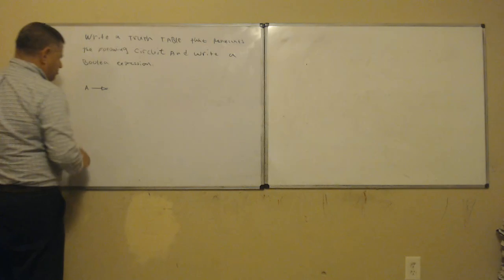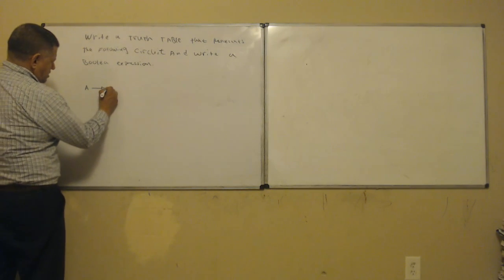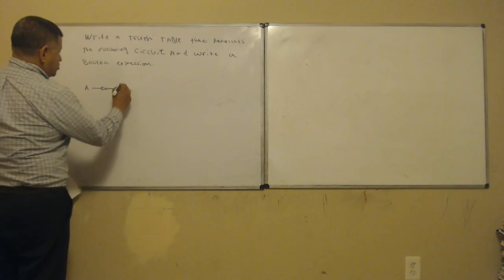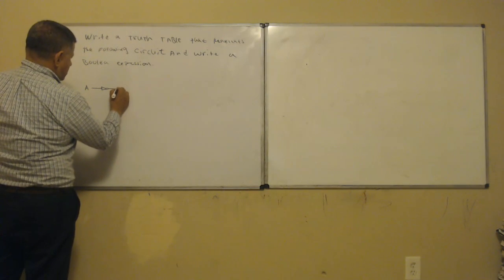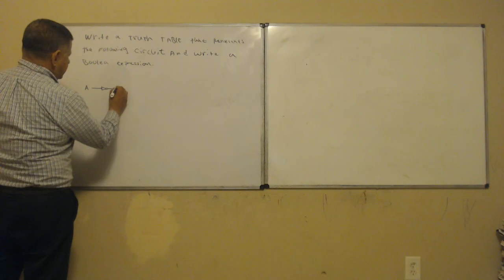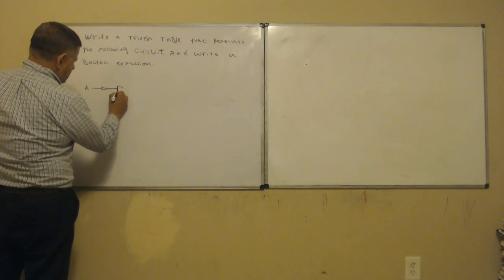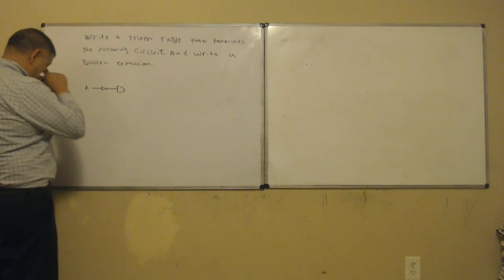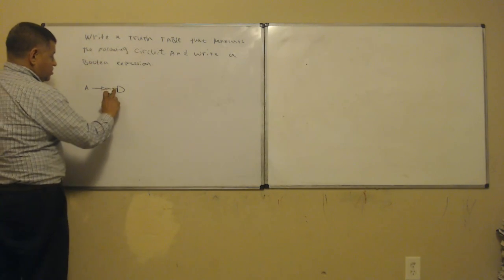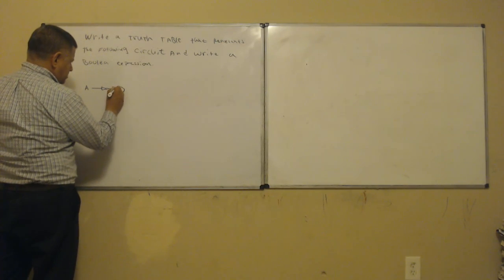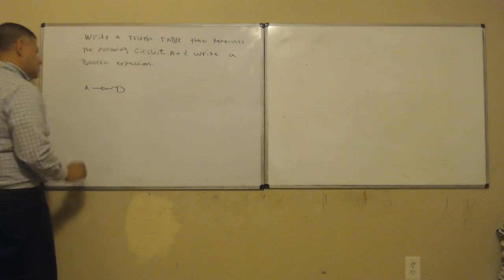And this NOT gate has a little bubble like that, and from that I go to an AND gate, right? Let me actually do this like this to have a little more room for the other one.